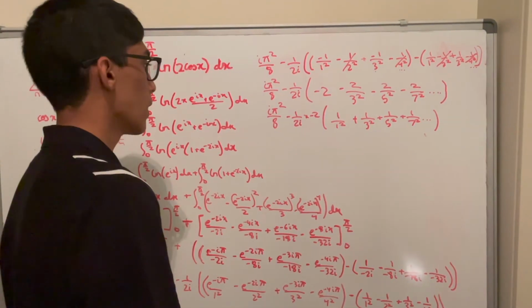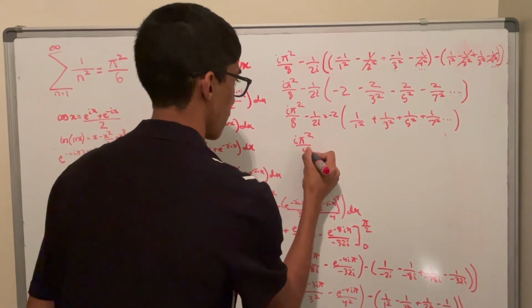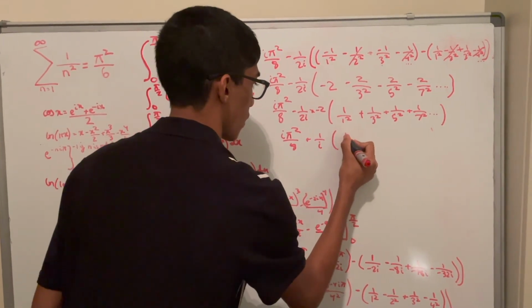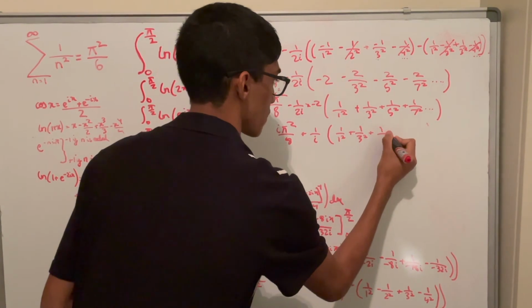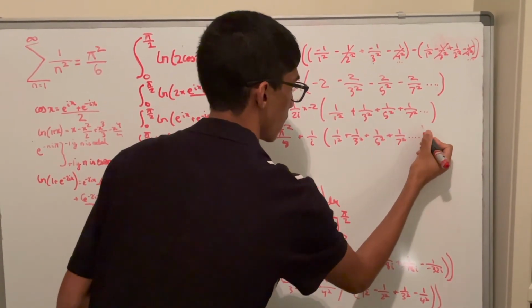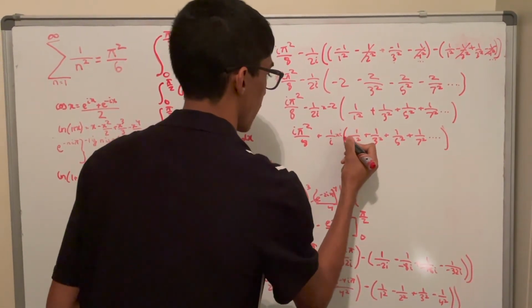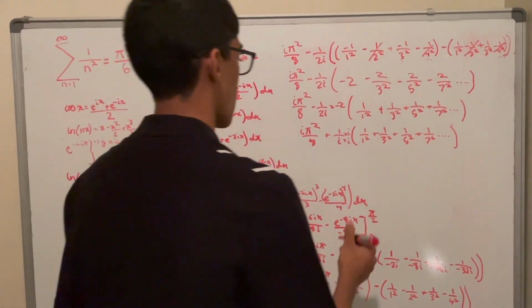etc. So now we have i pi squared over 8 plus 1 over i times 1 over 1 squared plus 1 over 3 squared plus 1 over 5 squared plus 1 over 7 squared, etc. So now we can rationalize i, multiplying it by i over i, giving us minus i.